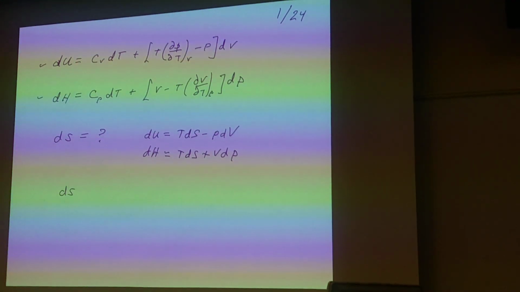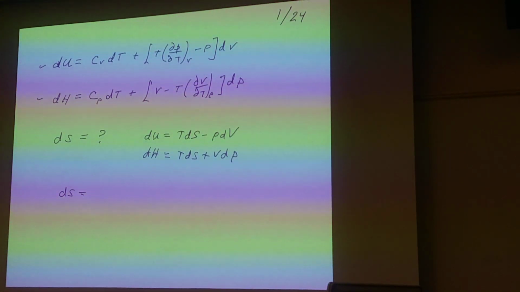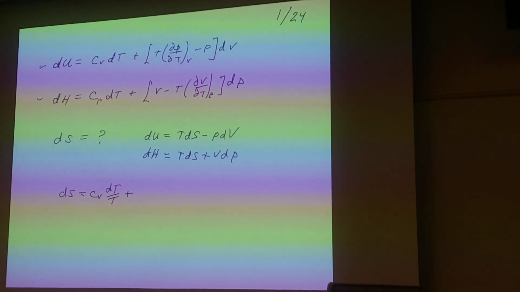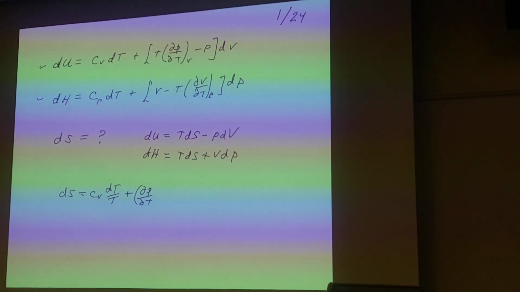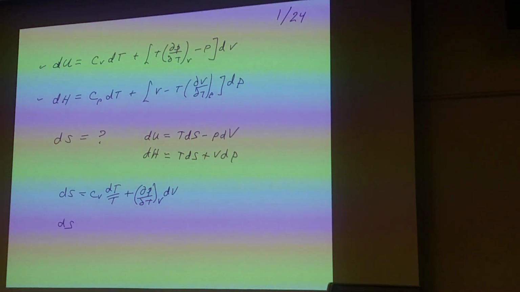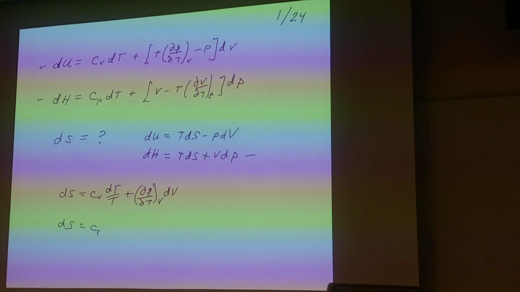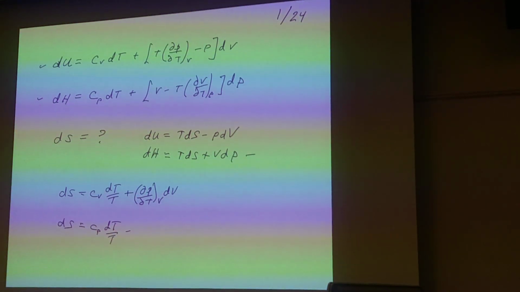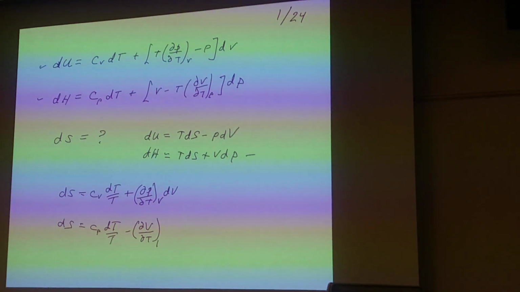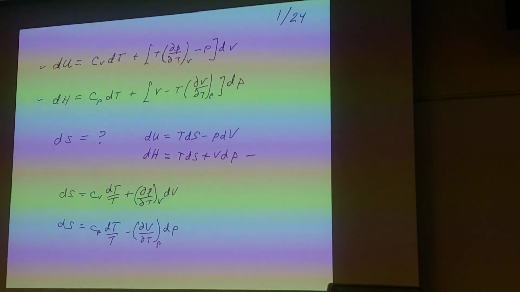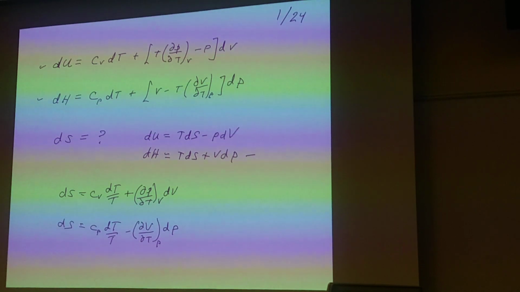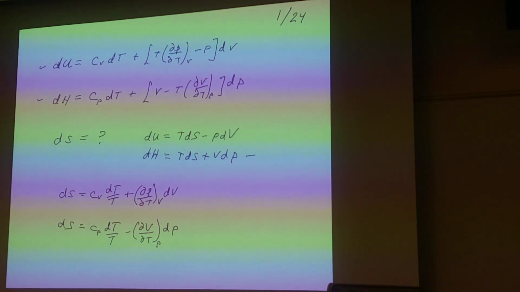So I can rearrange those to be explicit for ds. I can have either ds equal to Cv dT over T plus partial P with respect to T at constant v dv, or, from the other equation, Cp dT over T minus partial v with respect to T at constant P dP.